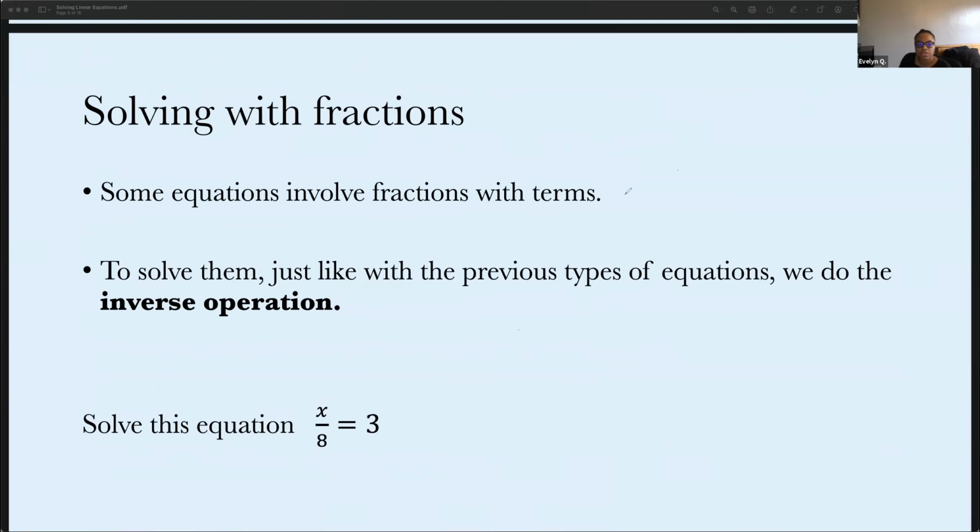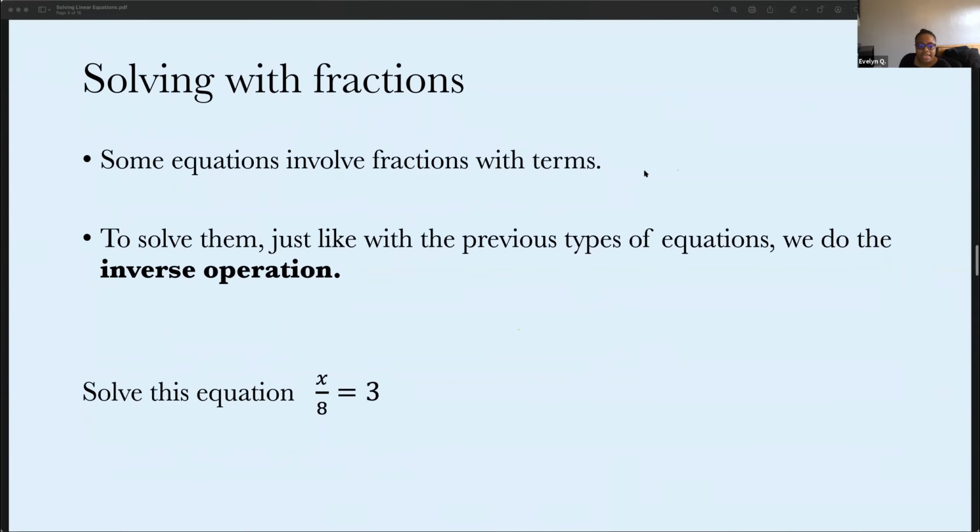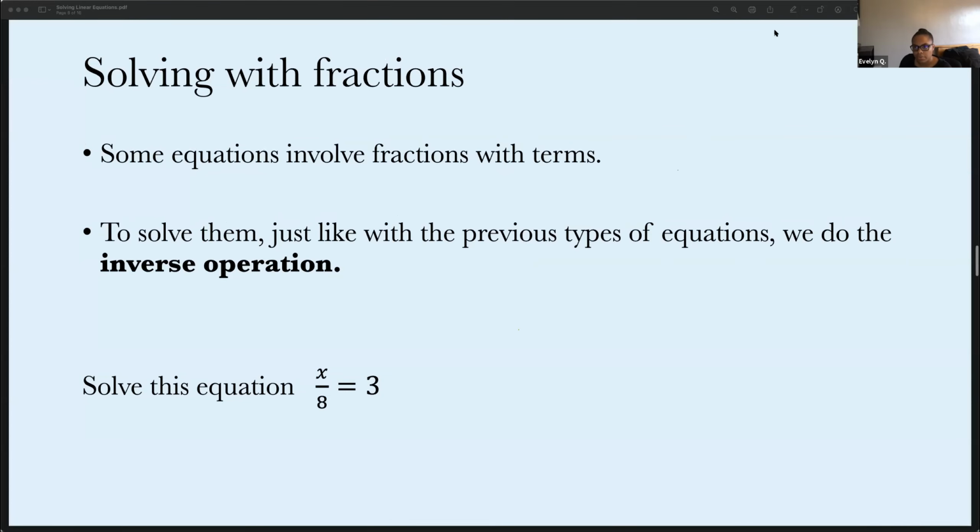Some equations involve fractions with terms. To solve them, just like all the other questions that we've been doing, you do the inverse operation. A lot of you will probably be able to tell me what x is straight away. But for those of you who might find it more difficult, remember we want to get x by itself.